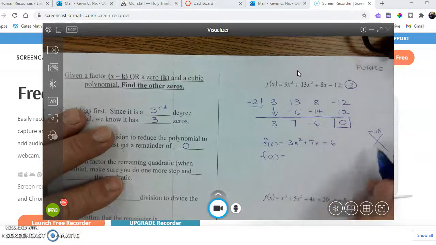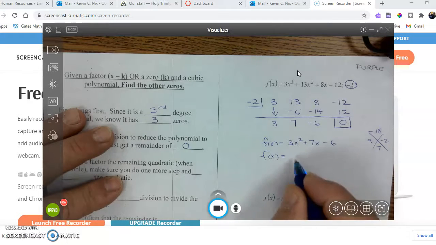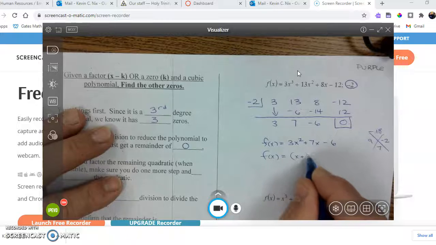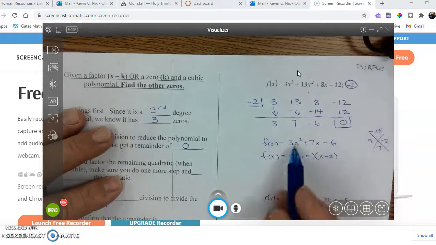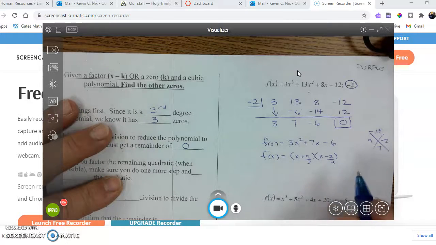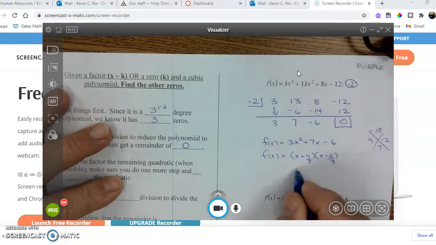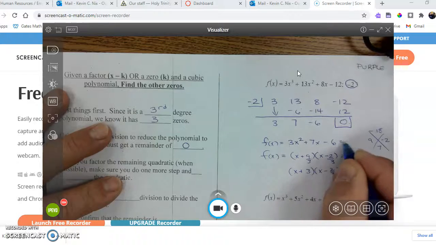-18 and 7, so that'd be +9 and -2. So x plus 9 times x minus 2. Now I have to divide both of these magic numbers by 3. And so x plus 3 times, I'm not going to do the last step of bottoms up because I'm trying to find my zeros, so I'm going to make this equal to 0 actually.